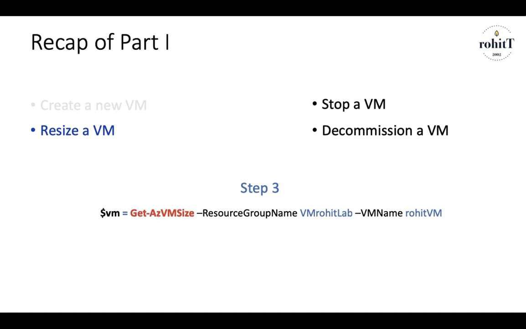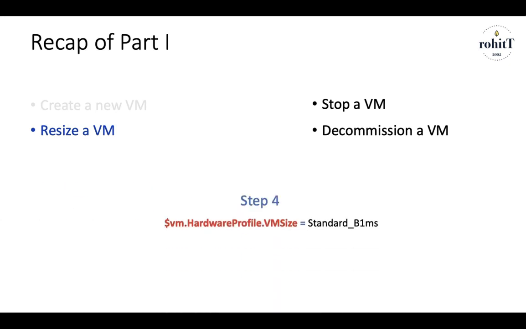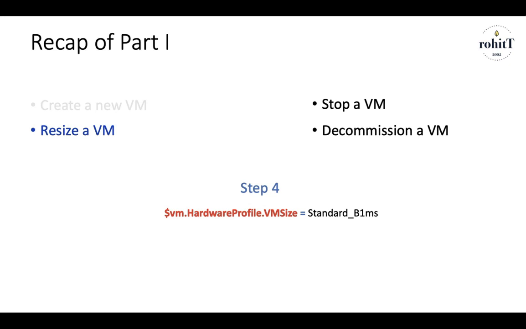So we will store that value in $VM, and then we would be able to finally run the remaining two commands, starting with the one to modify the size attribute. We should initiate that and store it in this particular variable, that is $VM.HardwareProfile.VmSize, and we are setting this to Standard_B1ms.